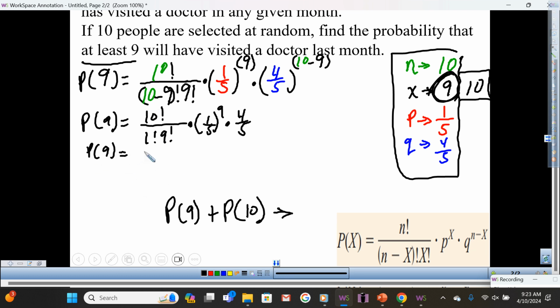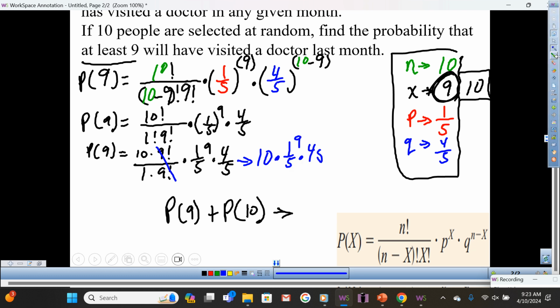P of 9 is 10 times 9 factorial over 9 factorial, and I'm going to put a 1 for the 1 factorial, times 1/5 to the 9th times 4/5. So, to save space, cancel these, and that becomes a giant 1. So this becomes 10 times 1/5 to the 9th power times 4/5.